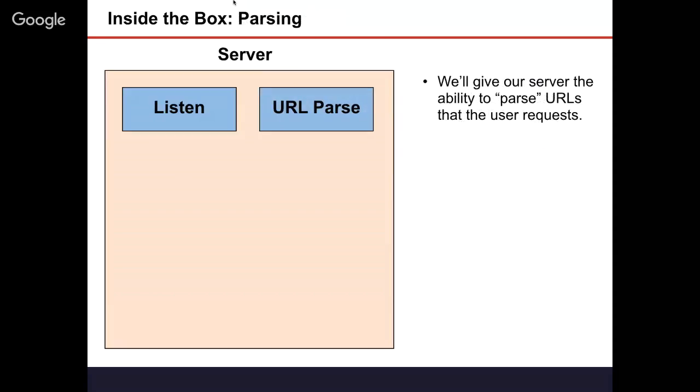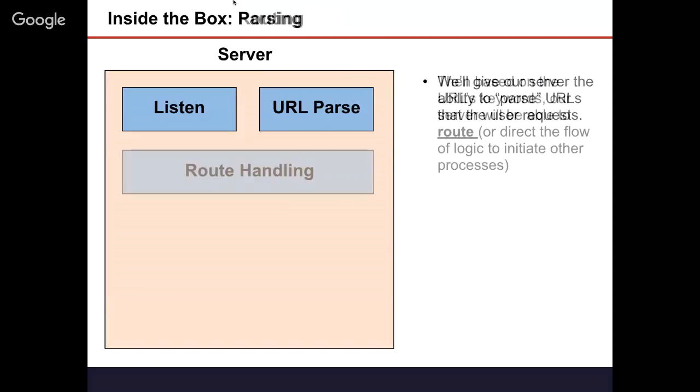We're going to give our servers the ability to parse the URLs that the user requests, and we've kind of already been down this route when we're dealing with APIs, right? Knowing what the URL was, and getting the data back. We're going to be doing the same thing today: using the URL to give the proper response, based on URL keywords.